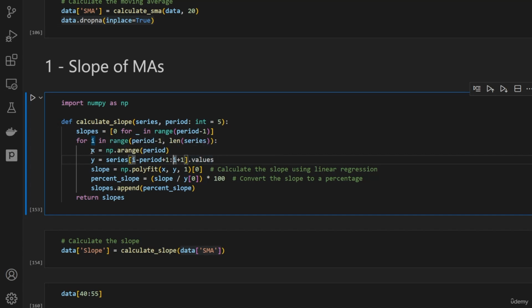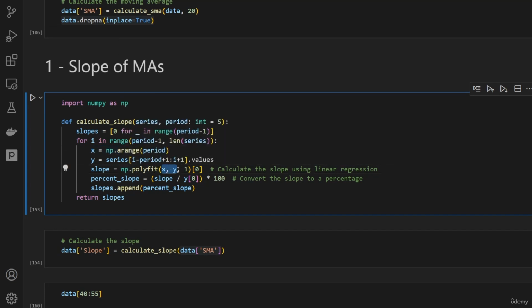In other words, for each window preceding the current candle, we're checking their moving averages and storing these in y. We're using an x-axis from 0 up to 4 just to be able to compute the fitting of the slope. And then we use numpy polynomial fit.